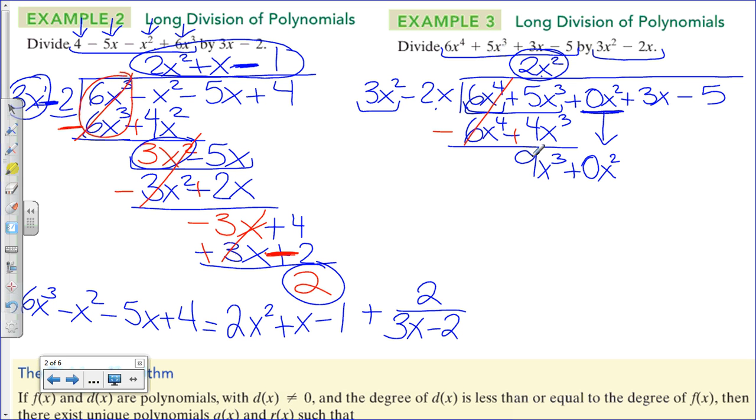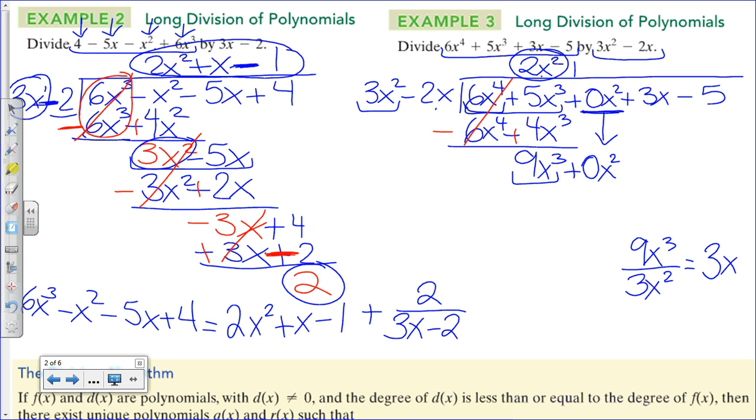So I finished dropping the next term. So now this is my dividend. Divide 9x cubed by 3x squared. And what does that equal to? 3x. 3x, very good.